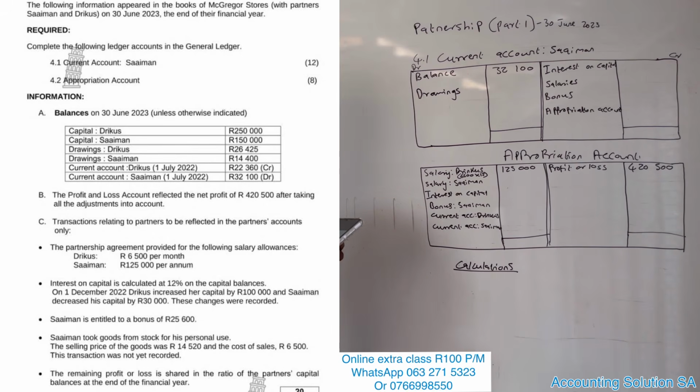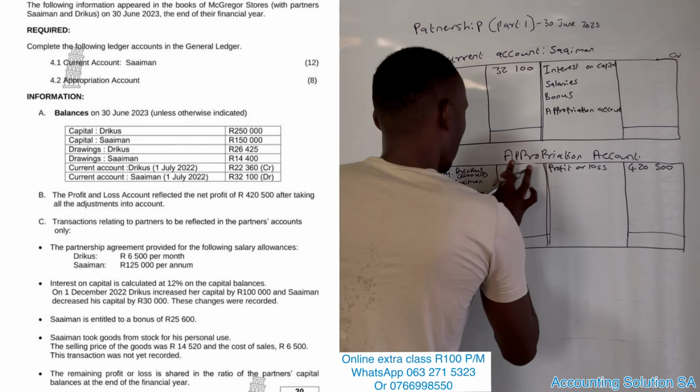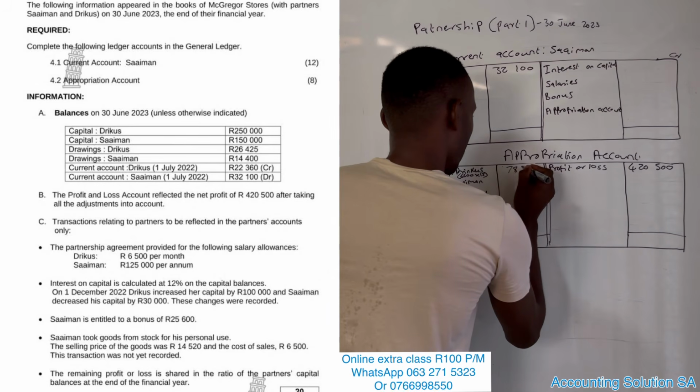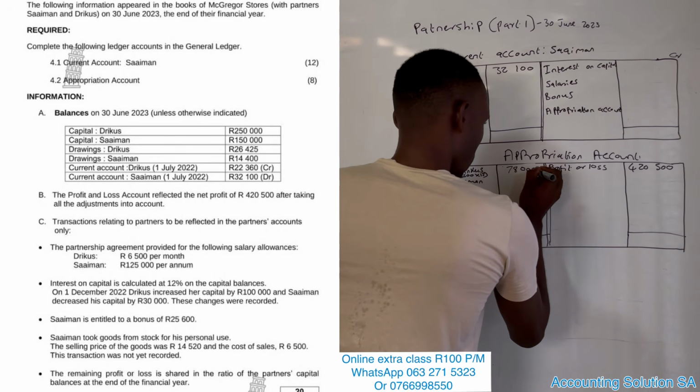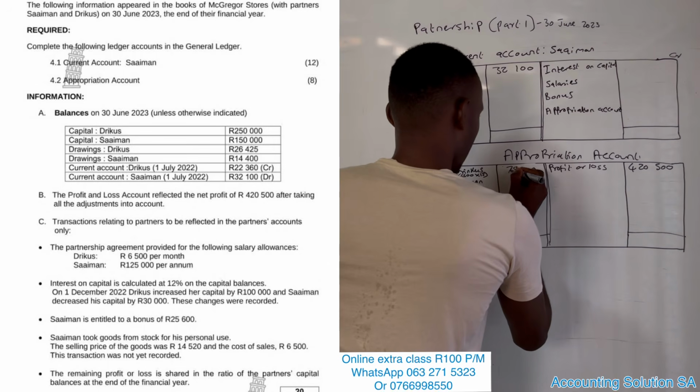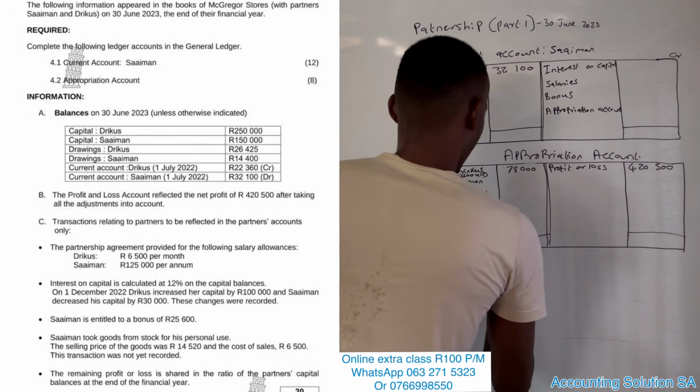When you multiply, let me confirm, 6,500 times 12 gives us 78,000. Okay, if you make one mistake, guys, you can get this one wrong.